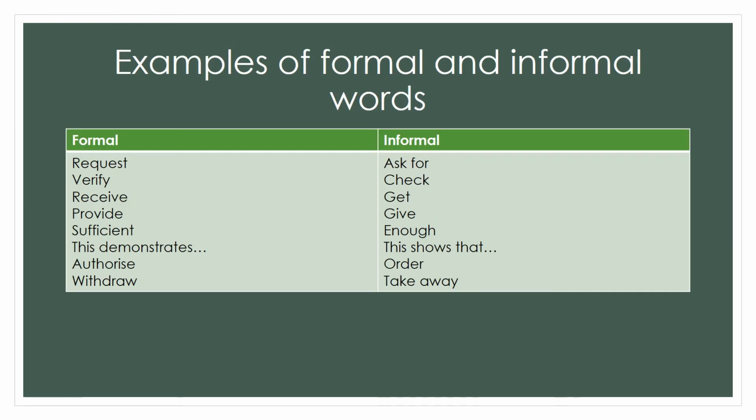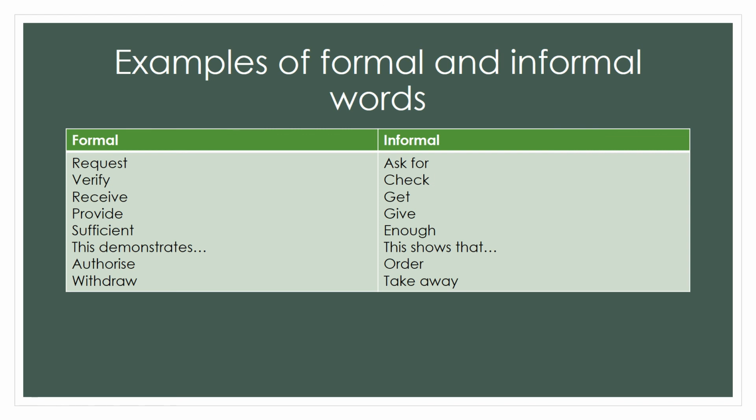Here are some examples of formal and informal words. We'll look at one at a time. So we start with the formal kind, request. And when you're talking to a friend and so on, you say ask for. So request, ask for. Next one, verify, which means check in informal language. Receive is the formal word for get.